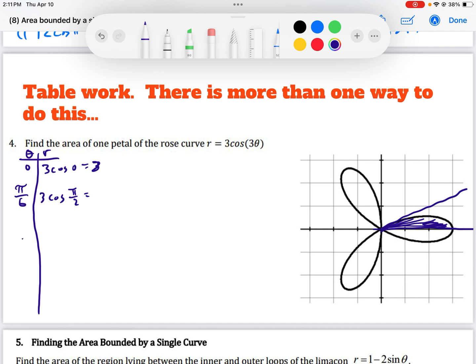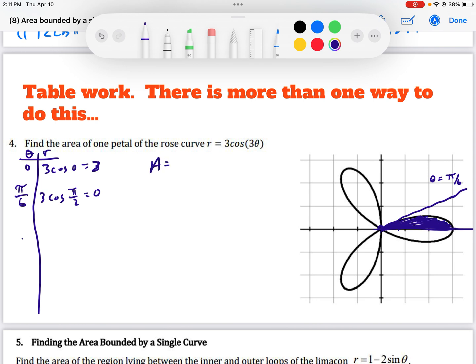Cosine of pi over 2 is 0, times 3 is 0. So when theta is pi over 6, my radius is 0. So I'm sweeping this out from 0 to pi over 6, and I get half of one of those petals.